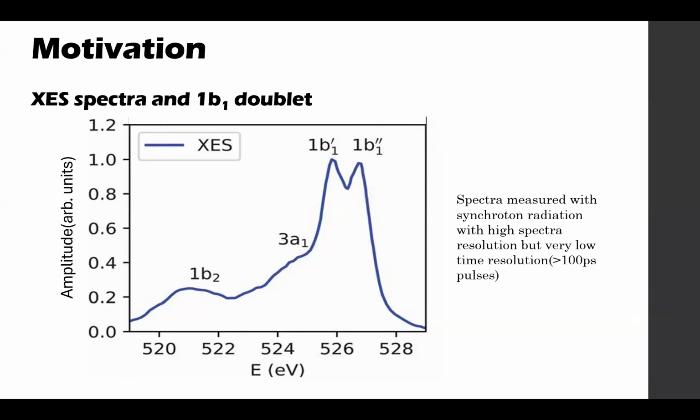It was quite unclear why 1b1 is leading to two peaks, and I should mention that it is very important.